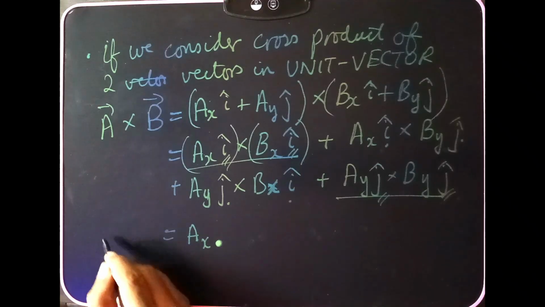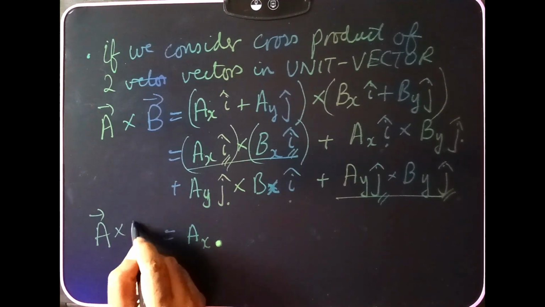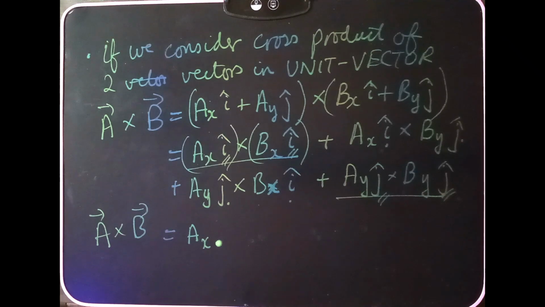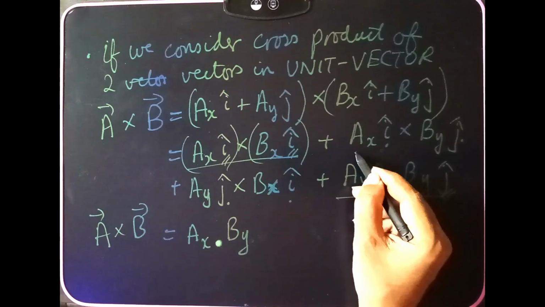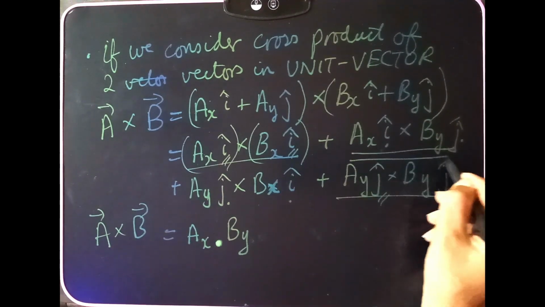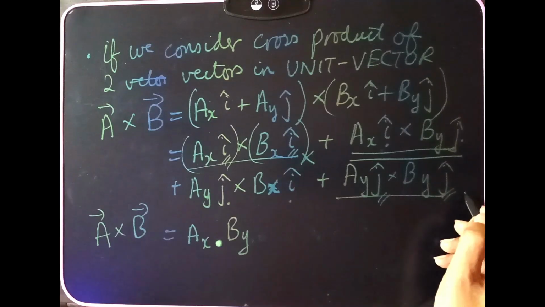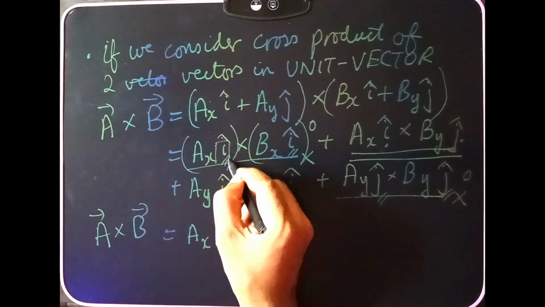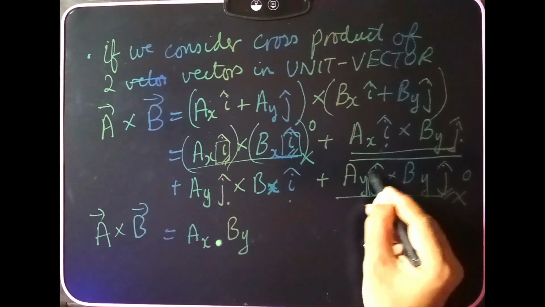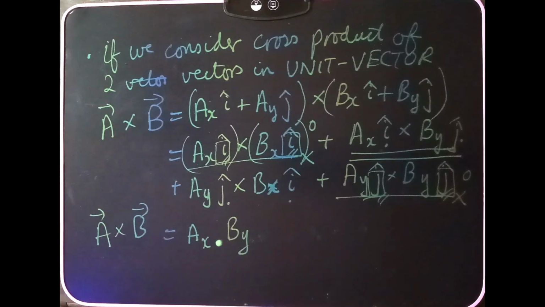So therefore A cross B can be written as, here this term will cancel, this term also will cancel, because j cross j parallel vectors will be 0, because they are along the same line. Sin of 0 is 0.